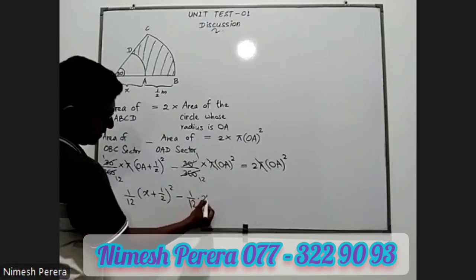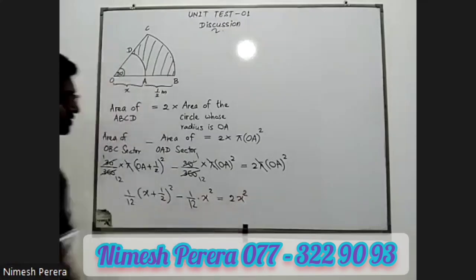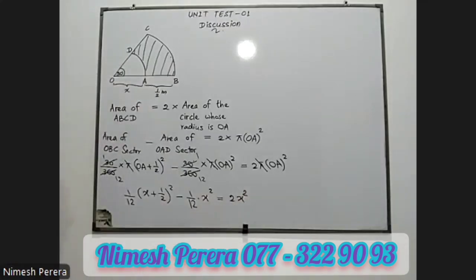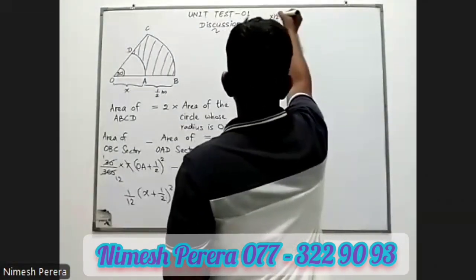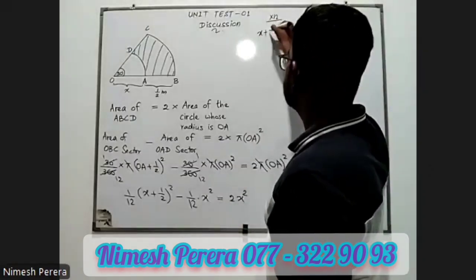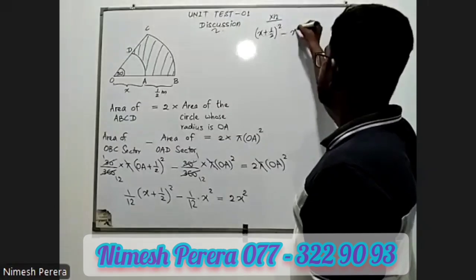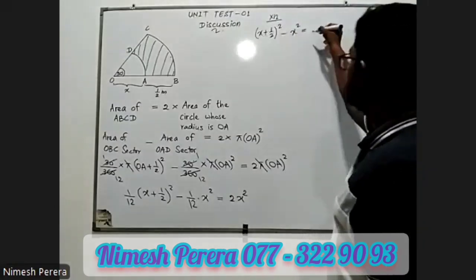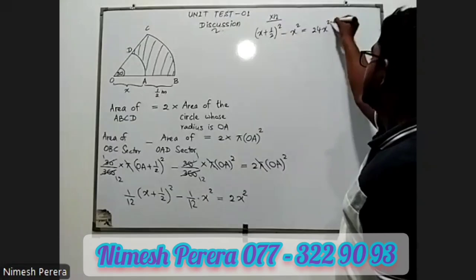OA is X, so X square is equal to 2X square. Now we can multiply the entire equation by 12 to cancel this 12 in the denominator. Then you will have X plus R square minus X square is equal to 2 into 12, 24 X square.